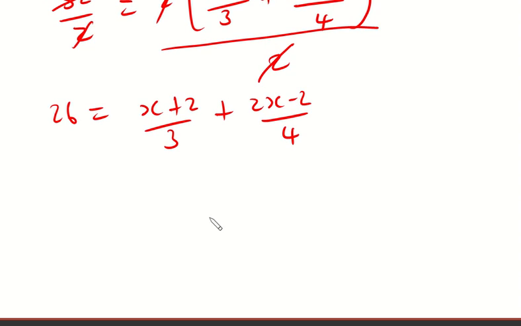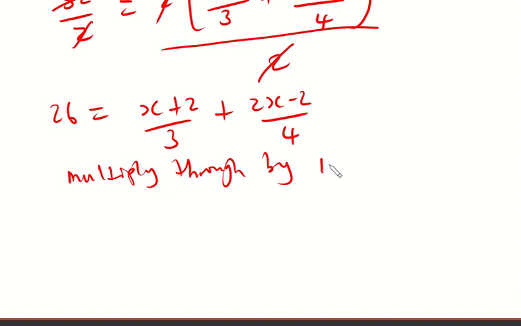All right, so I'm going to multiply through, like we usually do, by the LCM of 3 and 4. I want to clear off the fraction. So what are you multiplying through by now? The LCM of 3 and 4, and that's 12.